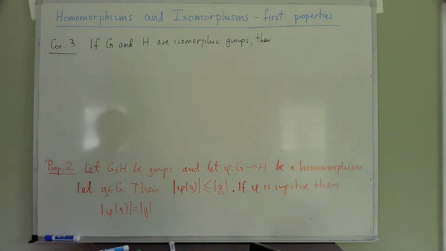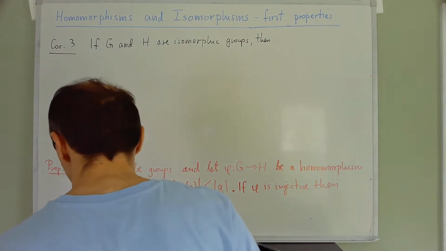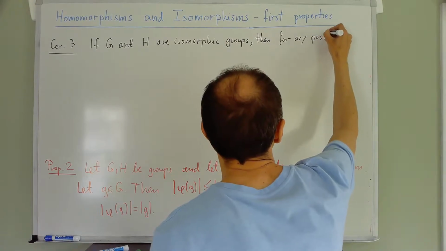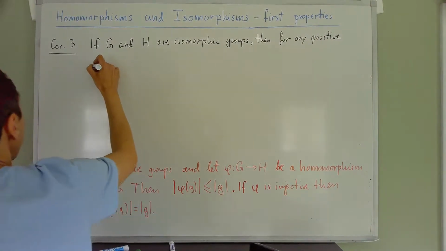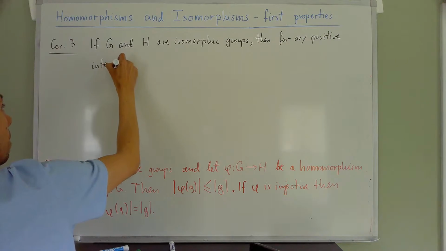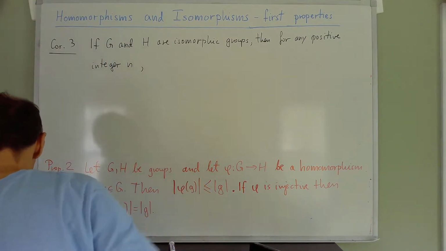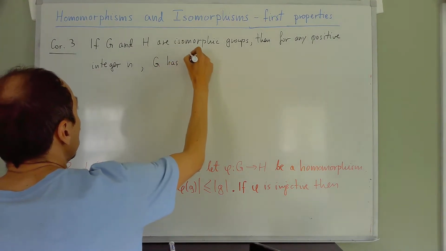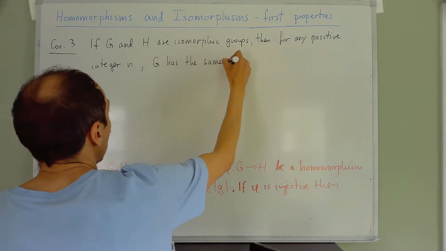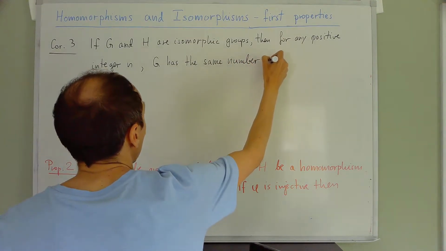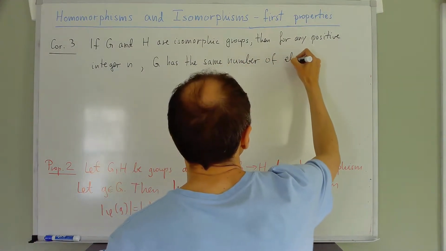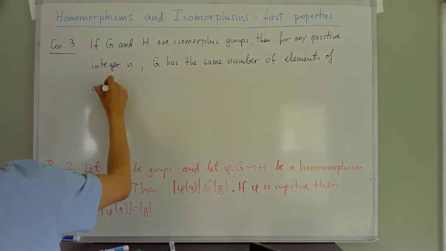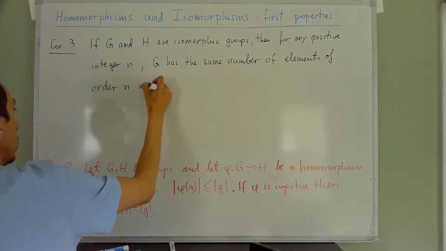If G and H are isomorphic groups, then for any positive integer n, G has the same number of elements of order n as H.